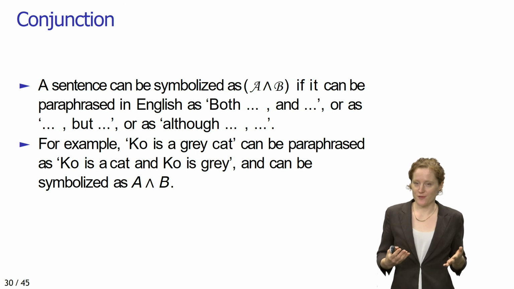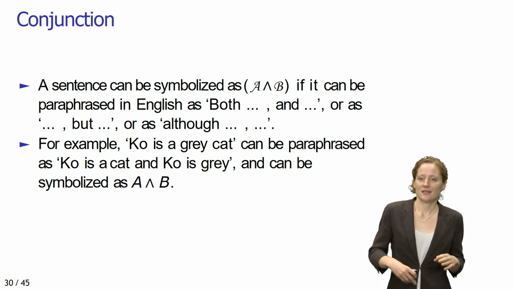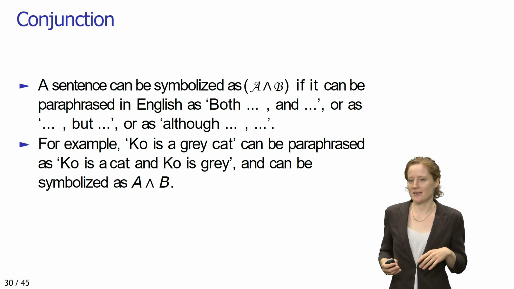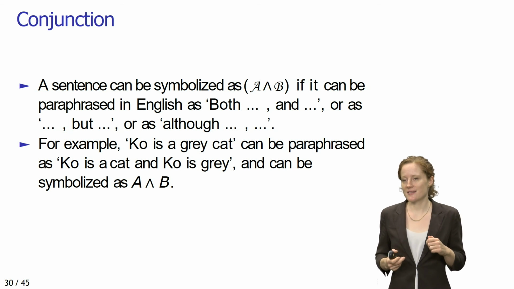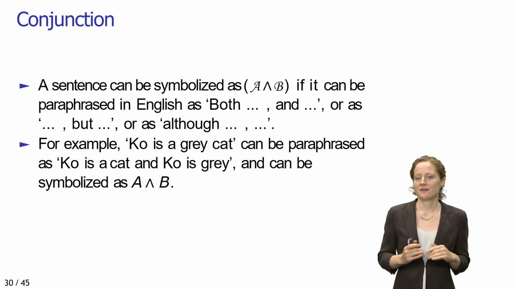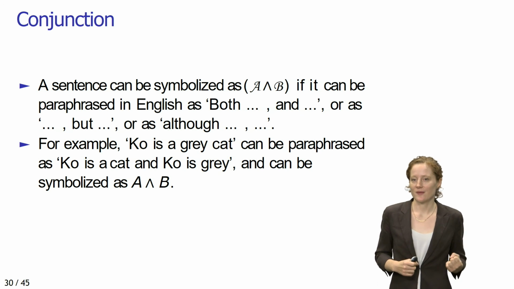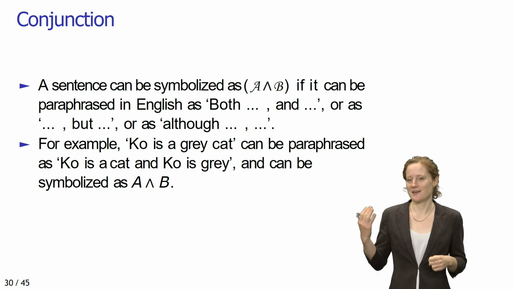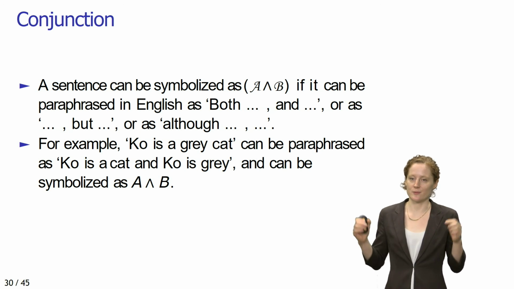We can paraphrase this sentence as saying, "Co is a cat and Co is gray," and then we can symbolize it as A conjunction B. In this case, the capital letter A represents the English sentence, "Co is a cat," and the capital letter B represents the English sentence, "Co is gray," and the conjunction symbol represents the English word "and."